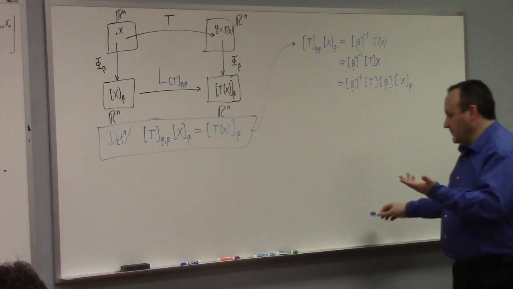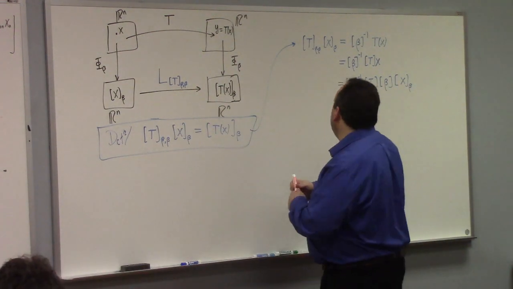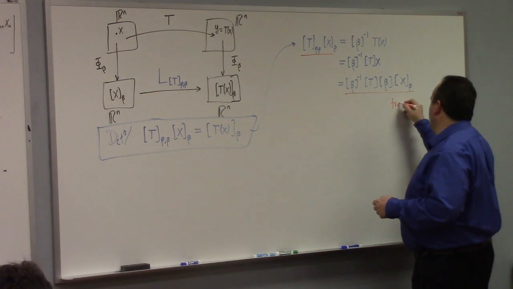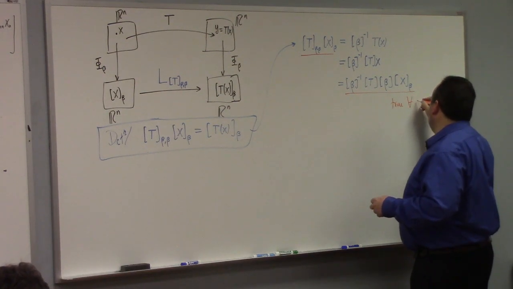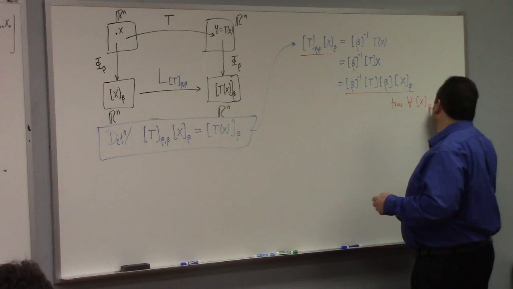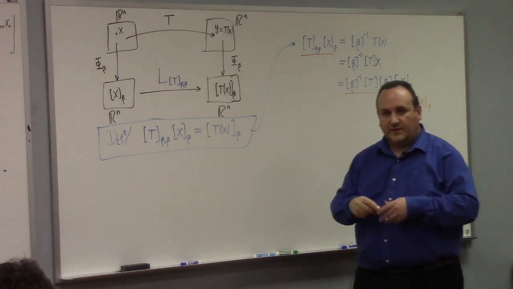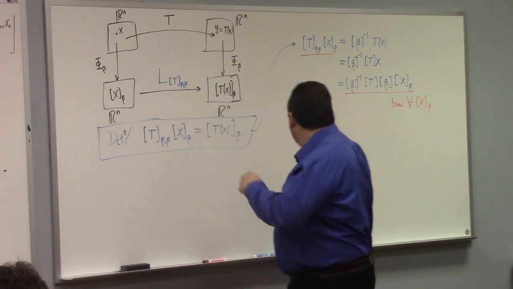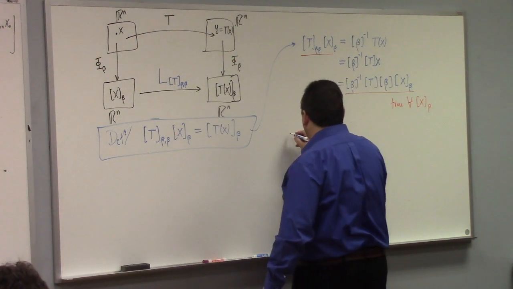Ah, there you have it. So we're almost there. This identity is true for all choices of your coordinate vector x beta. So the only way that can be true is if what? So we have the following theorem.